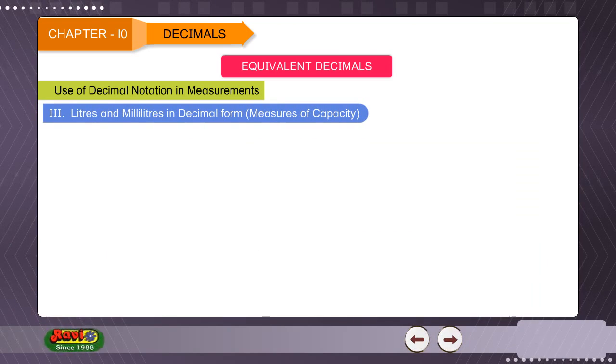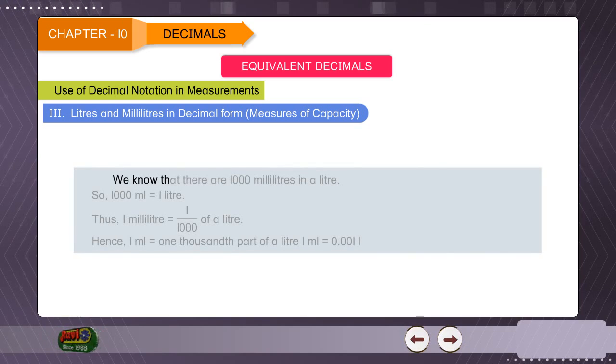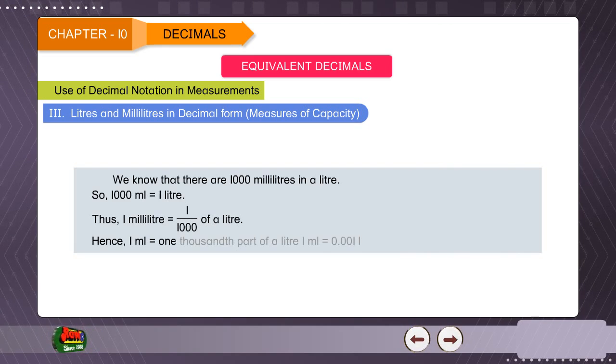3. Liters and milliliters in decimal form. Measures of capacity. We know that there are 1000 milliliters in a liter. So, 1000 milliliters is equal to 1 liter. Thus, 1 milliliter is equal to 1 by 1000 of a liter, that is, 1 milliliter is equal to 0.001 liter.